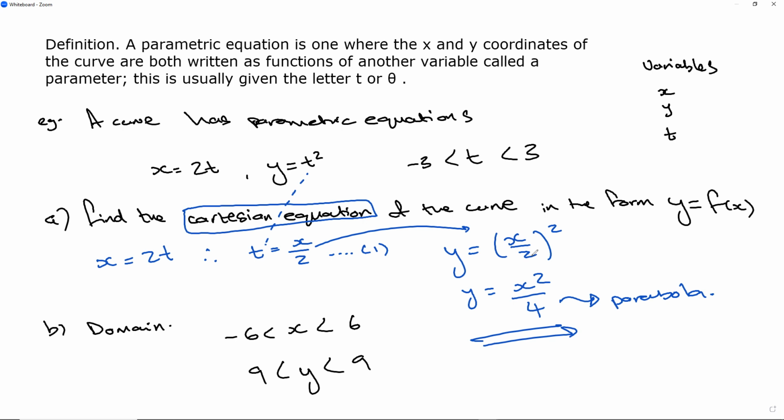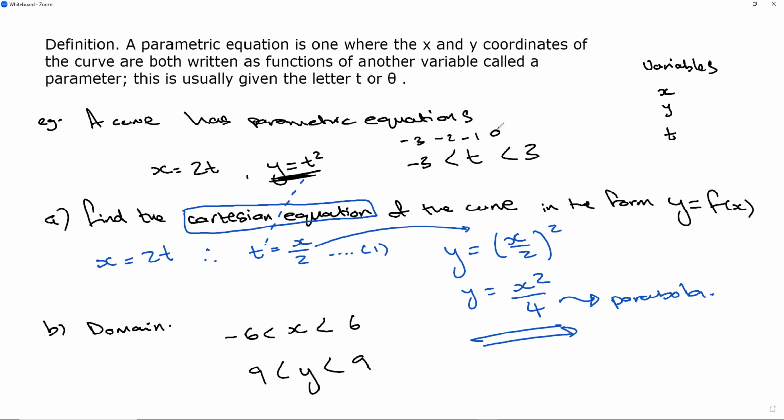But the range of f is the range of the parametric function of y. And so we have to be careful, because if you look at y equals t squared in itself, I could possibly take a value in between the two. So I've got -3, -2, -1, 0.